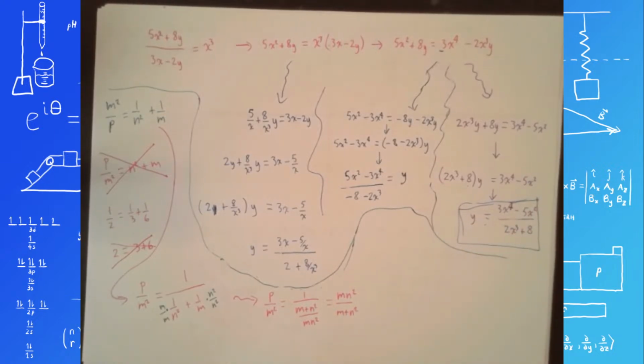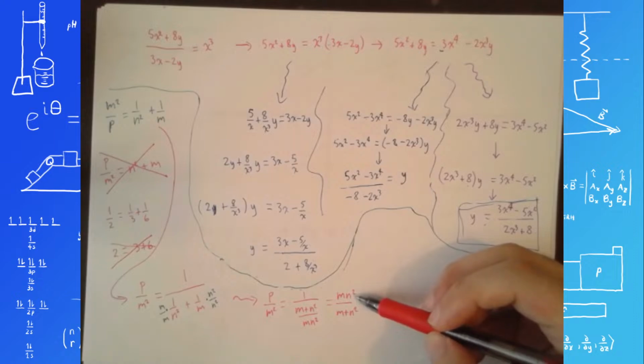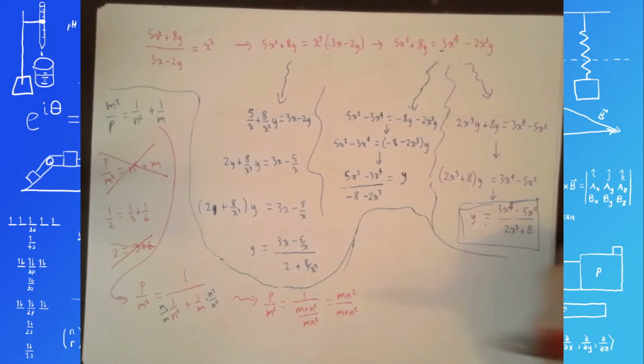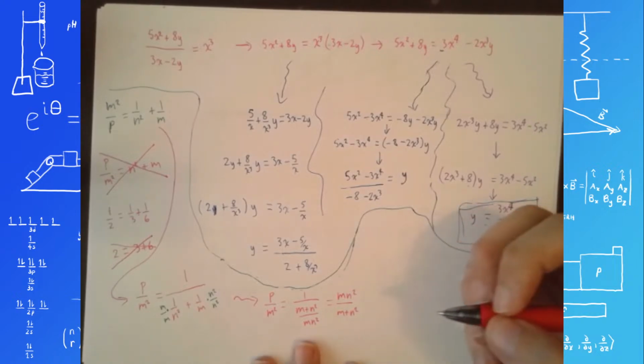This doesn't look like it's bringing us any closer to a solution. We're trying to get the n by itself, and now it looks like we've created a situation where we have n's in multiple locations. So maybe not the most efficient solution, but it is a solution, so let's keep going with it.